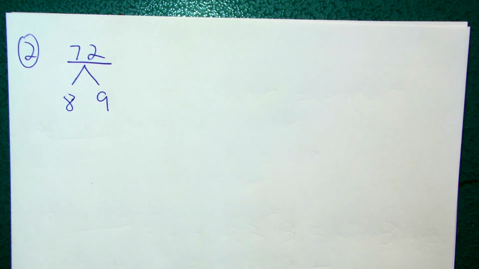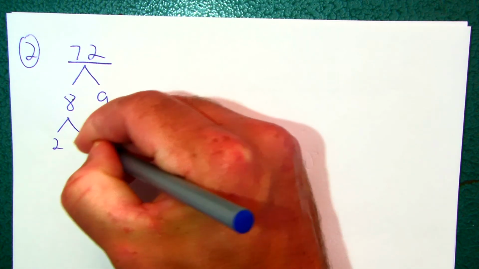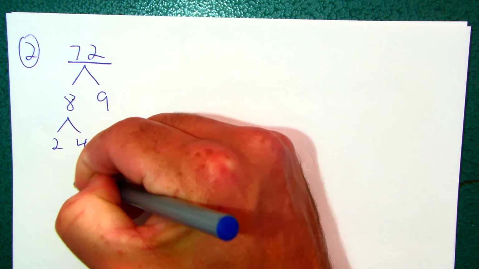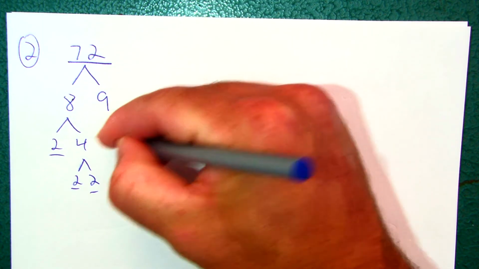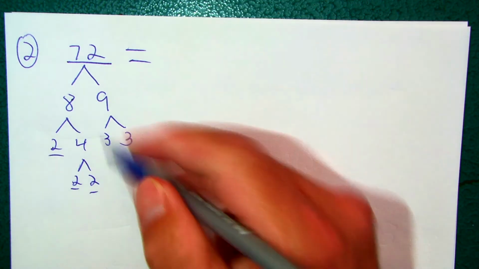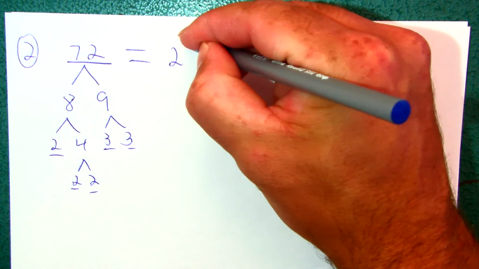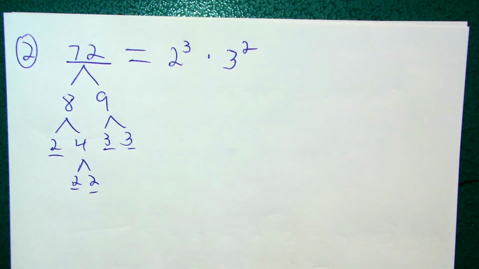You just want to start breaking these numbers down into more manageable numbers. We already did 8. That was 2 and 4. And then 4 was 2 and 2. Those are all of our numbers at the bottom of the tree. 9 was 3 and 3. So 72 is a nice one. We have three 2s, so it's going to be 2 to the 3rd. And two 3s, so that'll be 3 squared.